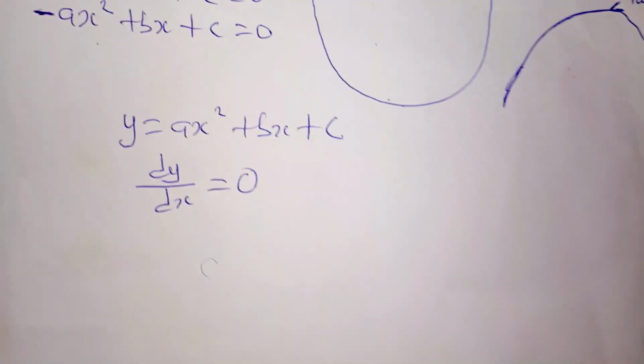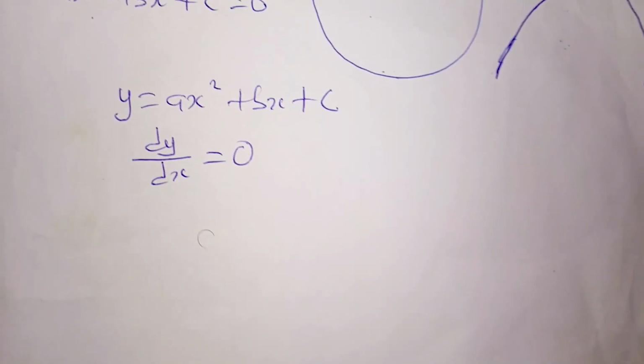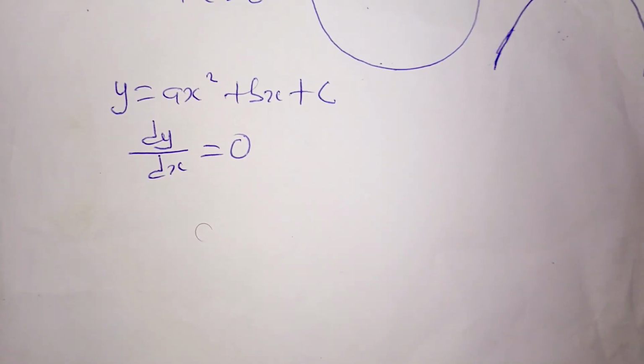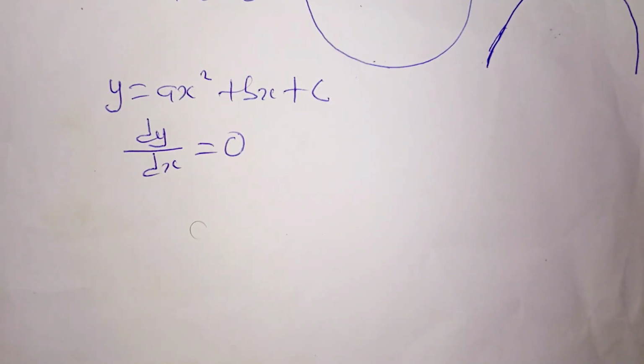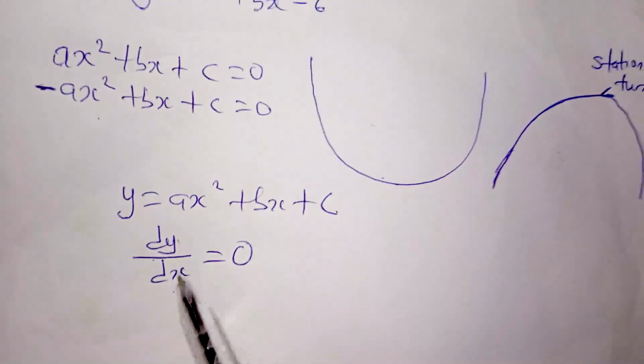So stationary points occur for any curve. It could be a parabola or a cubic graph. The turning point occurs at the point where dy/dx is 0.